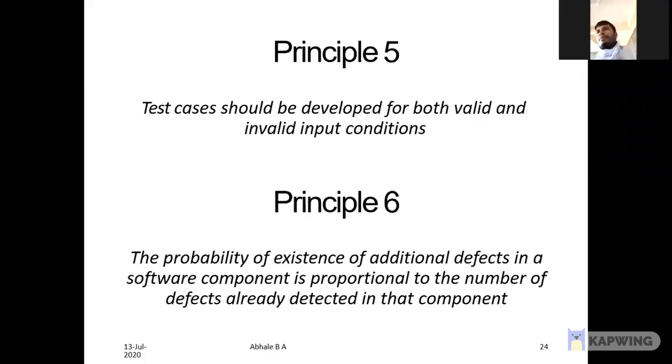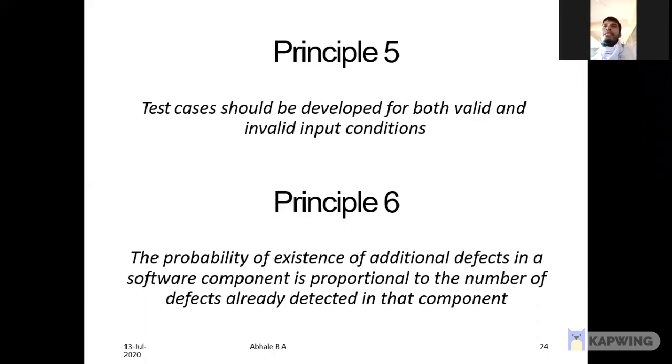Then the test will pass. Again, suppose the username is wrong and the password is also wrong, and the expected output is invalid username or password, or login unsuccessful. Now what happens here? If you get a successful login, then we can say that the software is faulty, or there is an error in the software. So we should check both valid and invalid input conditions.